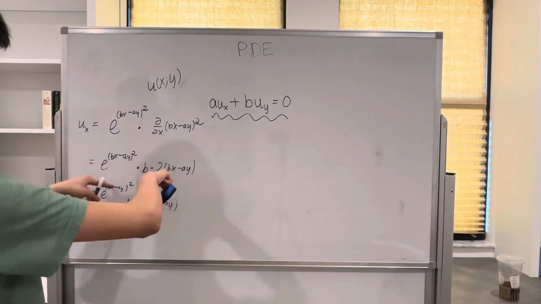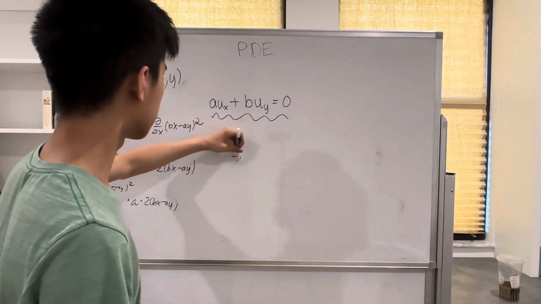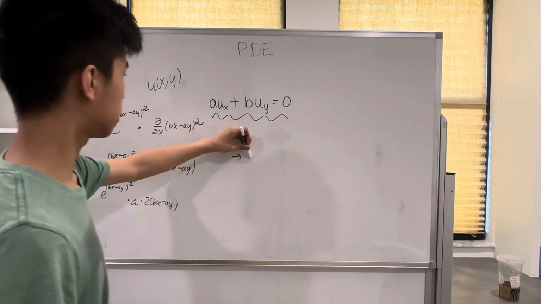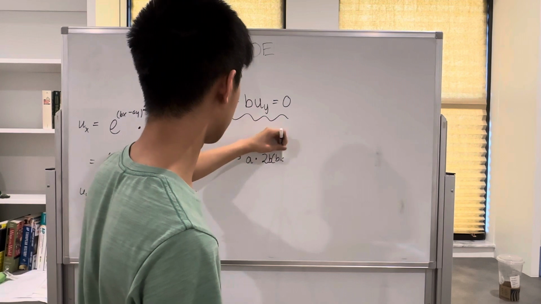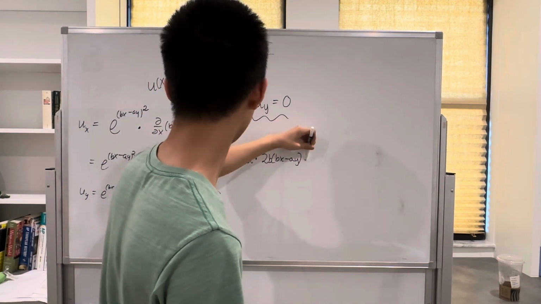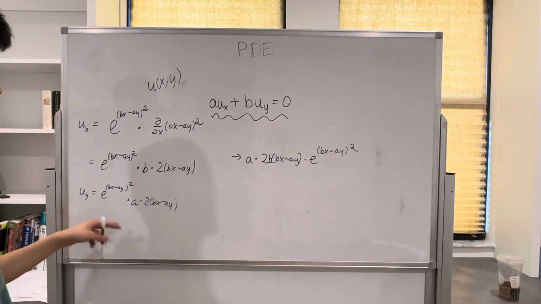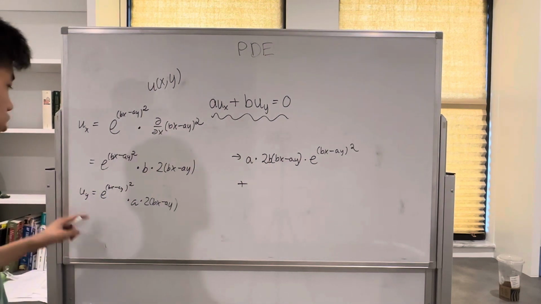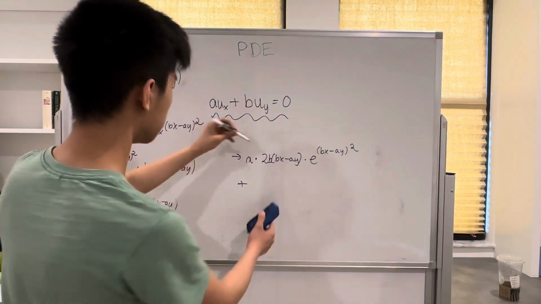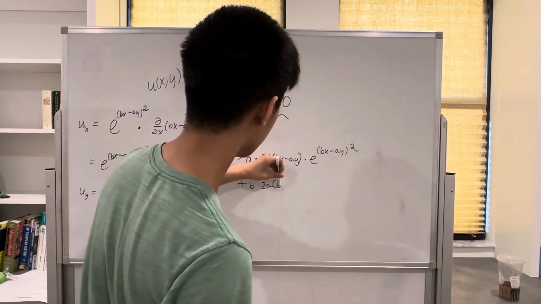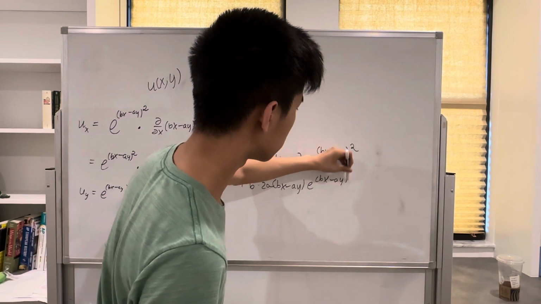If you plug them into their respective positions in the differential equation, let's see what happens. We have a times 2(bx minus ay) times e to the (bx minus ay) squared, and then plus b times this, so b times 2a(bx minus ay) times e to the (bx minus ay) squared.